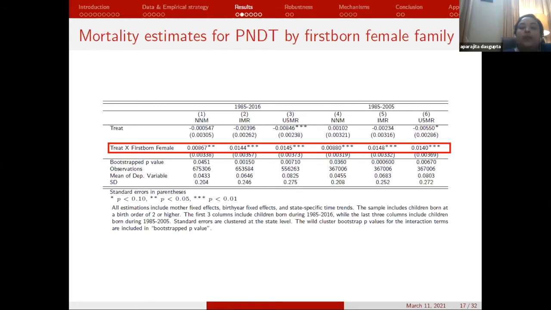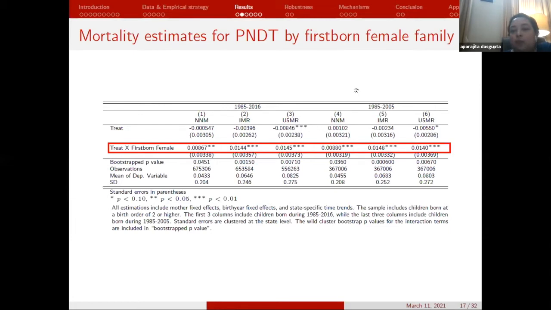Next, I want to show you the results for PNDT by firstborn female family. Again, you see that the relative mortality actually goes up for firstborn female families post ban. This is positive and highly significant across the board. This is the full sample, 1985 to 2016, and this is 1985 to 2005.